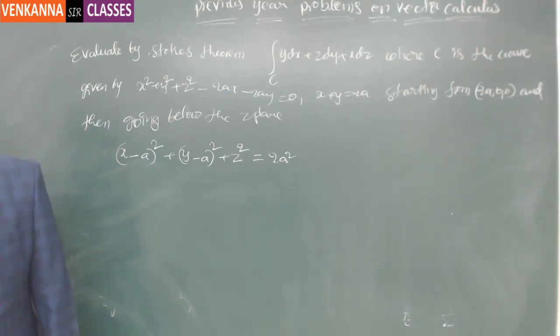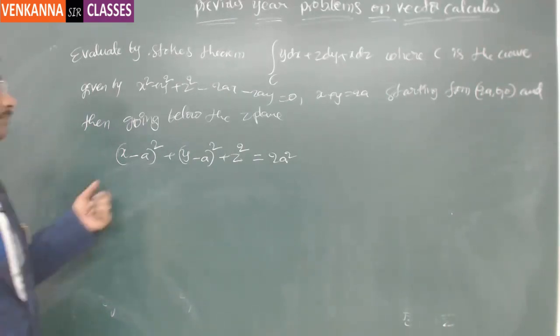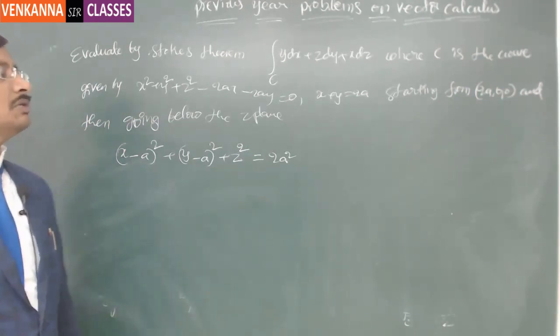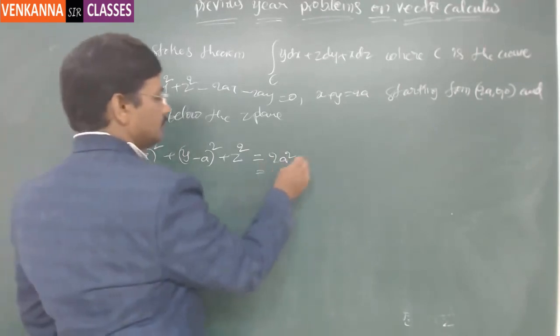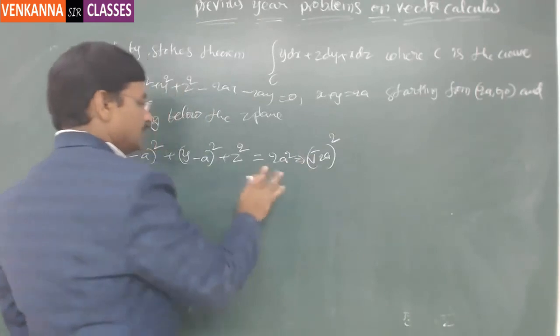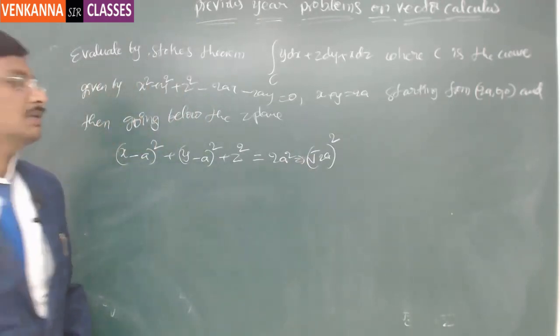Let me check that. I think some root 2 is not matching. Okay, so x minus a whole square plus y minus a whole square plus z square is equal to 2a square, or this I can write as root 2a whole square. That means this is a sphere of radius root 2a.